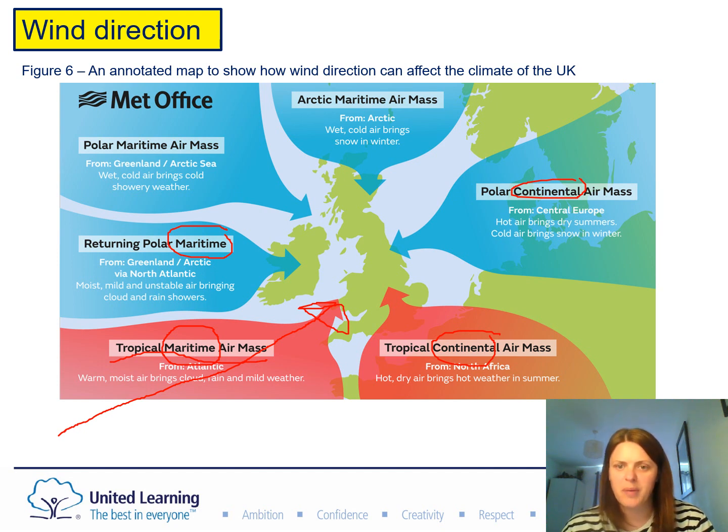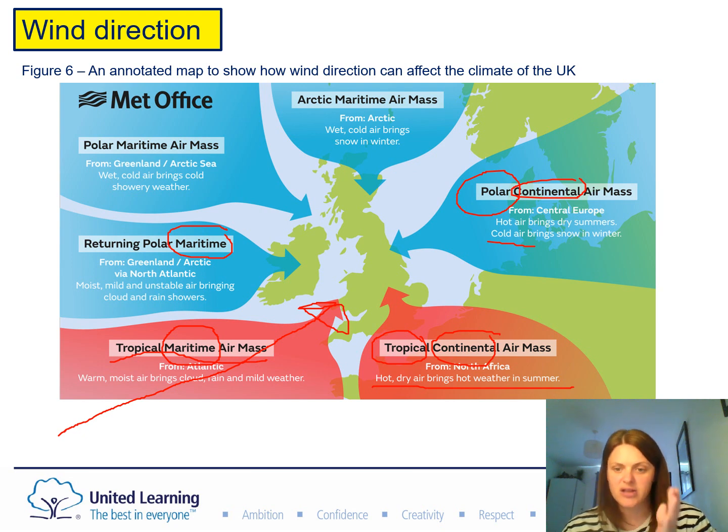So here we've got polar continental, which means that it's coming from the poles, the North Pole, so it's going to be cold. That means it's going to be cold in the winter and hot in the summer. And then tropical, again it's coming from the tropics but across land, which means it's going to bring with it hot, dry air, and that means we're going to have hot summers.